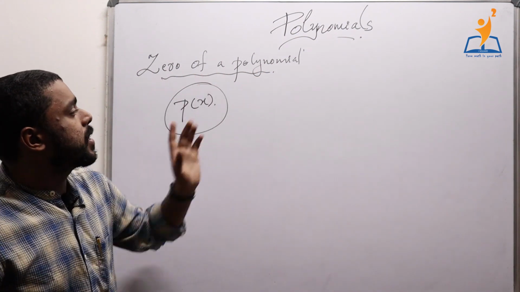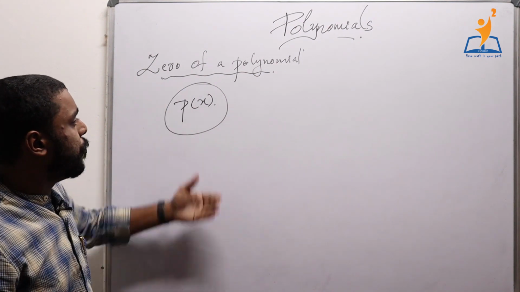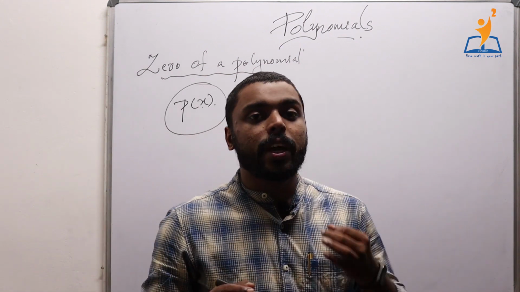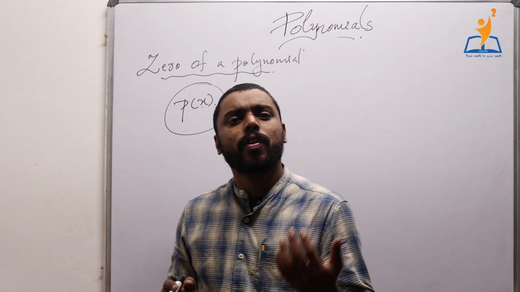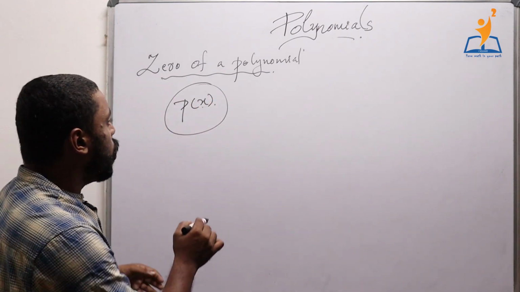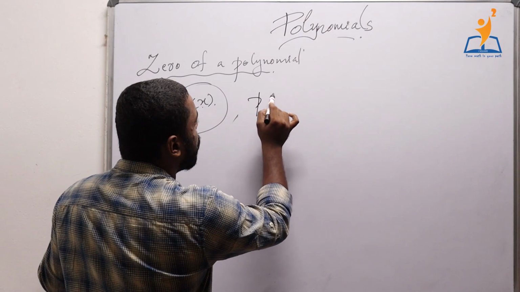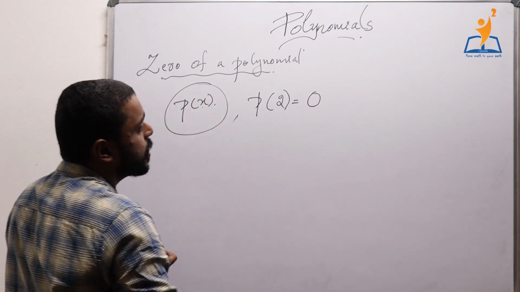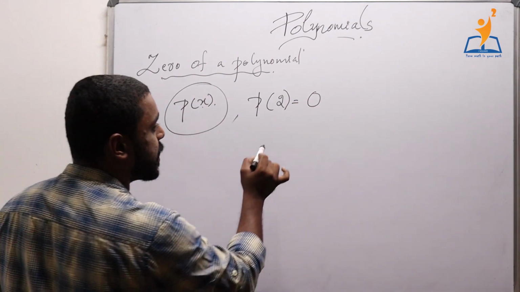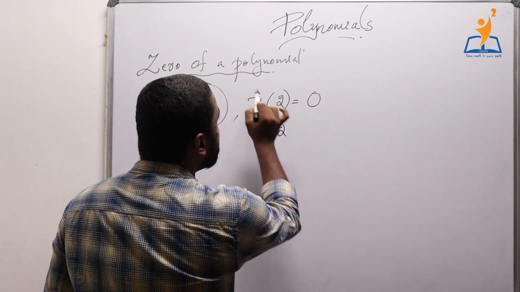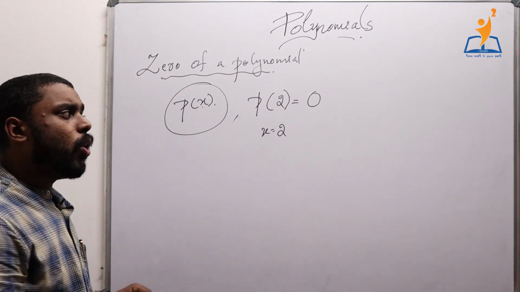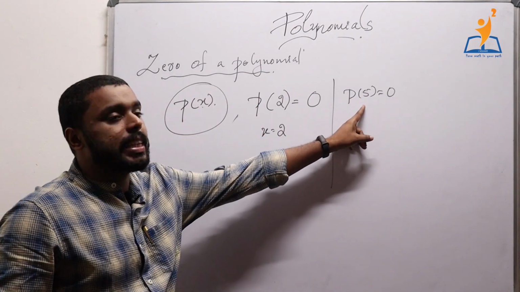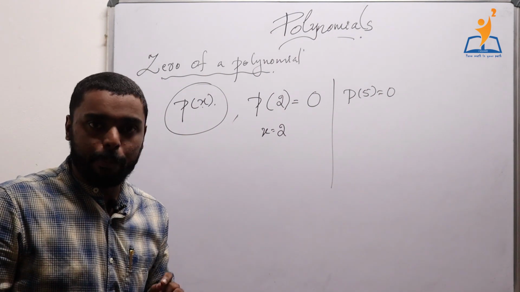Then to find the 0 of a polynomial, just substitute different values for x. We can substitute x equal to 1, x equal to 2, x equal to 3, etc. So at some point, suppose that when we substitute x equal to 2, p of 2 is 0. Then we can say that x equal to 2 is a 0 of the polynomial. Or when we substituted, we got p of 5 equal to 0. Then we can say that 5 is a 0 of the polynomial.